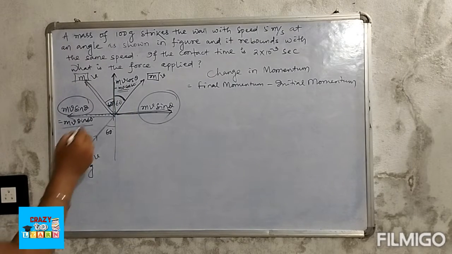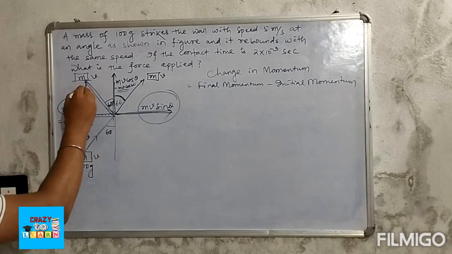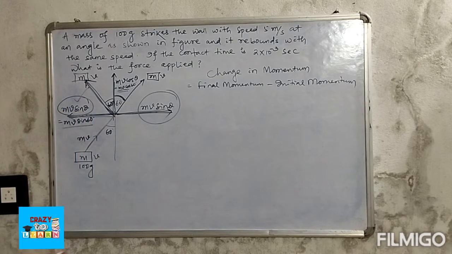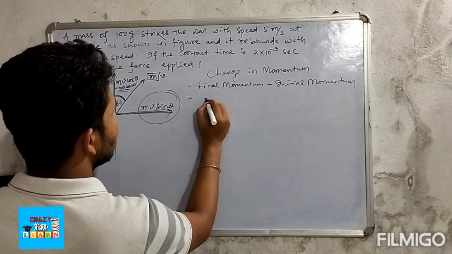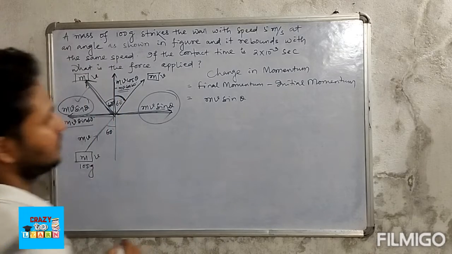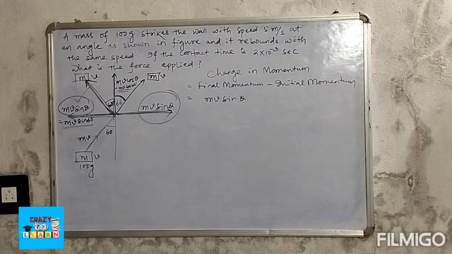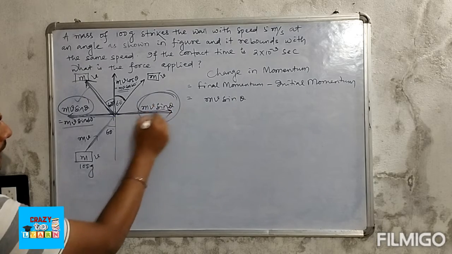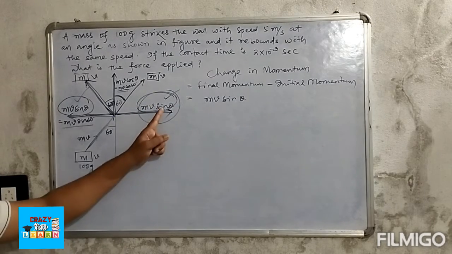Which one is the final? This is the final vector, this is the final momentum, and this is the component, so you have to take this one. So final momentum is your mv sin theta. And which one is the initial? This is your initial vector, and this is the component of the initial vector, which is mv sin theta.